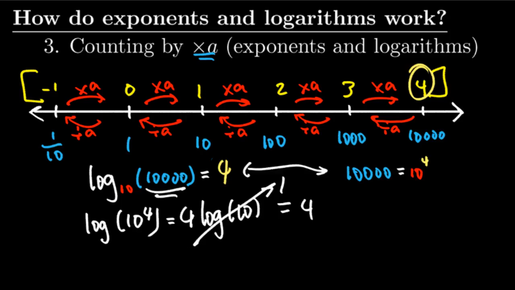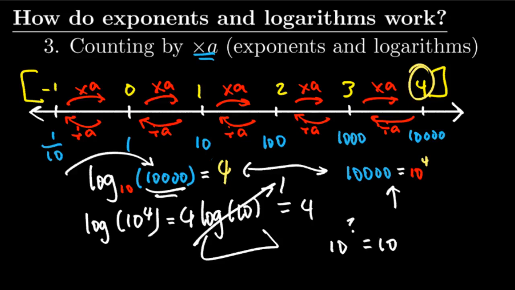This one's called exponential form, and this one is called logarithmic form, because exponent and log. So go figure. We can look at this whole log base 10 of 10 equals 1 thing by thinking, well, the base to the power of what equals 10? If the base and the thing we're trying to get is the same, then it only makes sense that the exponent equals 1, right? So that's why log base 10 of 10 is 1. And up there you saw log base a of a equals 1. Same idea.